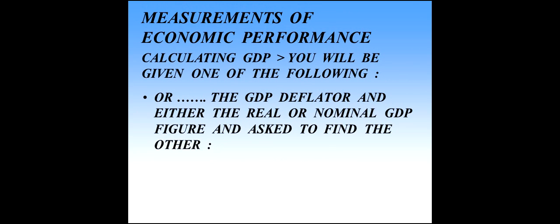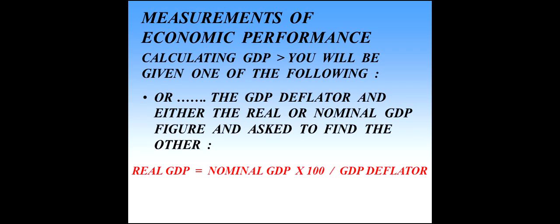Here's the other way the question may be presented to you. You may be given the GDP deflator, the price index, and either the real or nominal GDP figure and asked to find the other. So in this case, we just switch our equation around a little bit. Let's say we're asked to find the real GDP figure. We're given the nominal GDP and the deflator, so we just rearrange our equation accordingly.